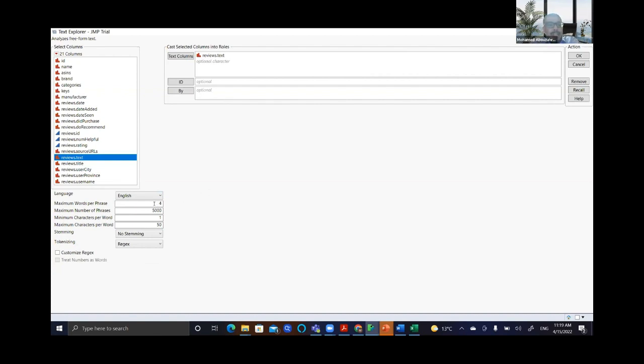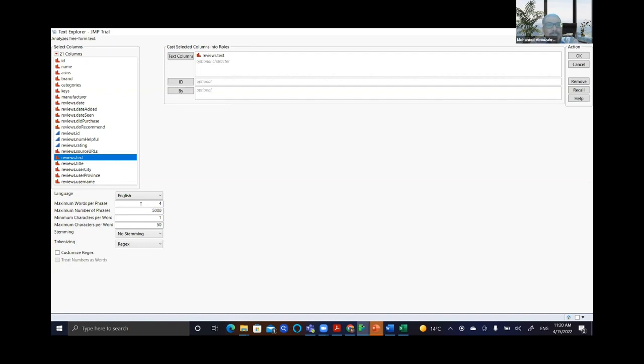The other things we specify include maximum words per phrase. Traditionally, if you are doing tokenization, you don't include phrases, you only include words. But JMP, and Enterprise Miner as well, allow us to work with phrases. This tells you the maximum number of words per phrase.